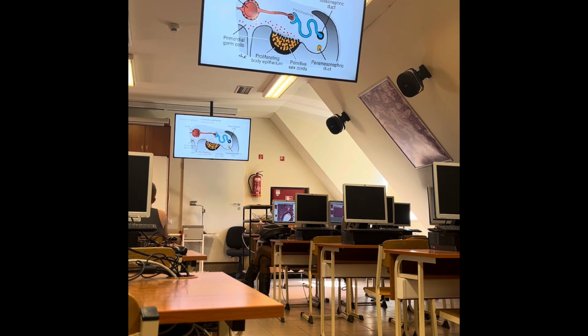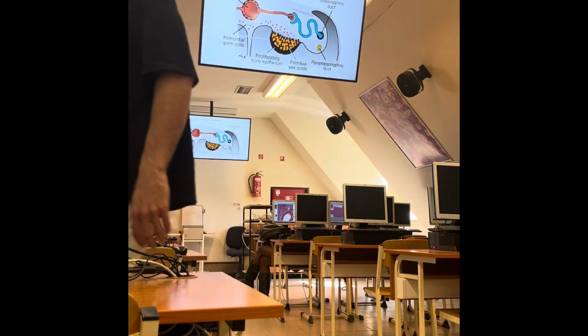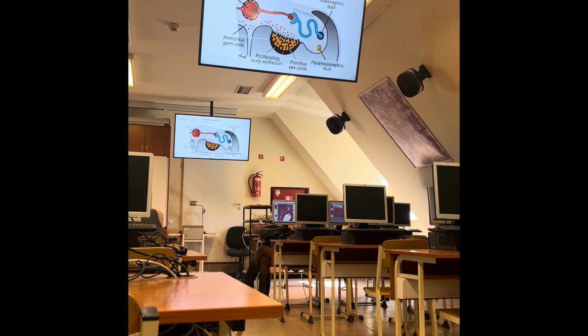The epithelium is black, the orange color is the mesenchymal tissue, and the red is the primordial germ cells. Okay, so these are visible. The epithelial lining is proliferating and forming cords inside the primitive gonad.